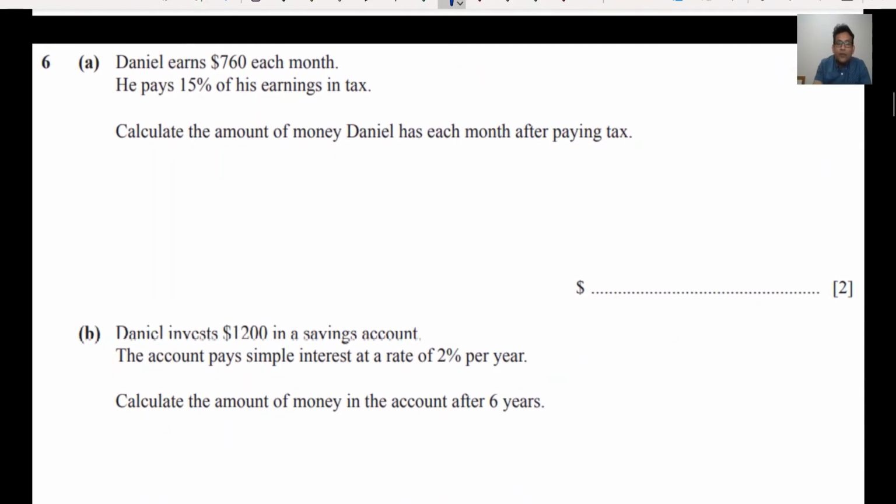Okay, this type of question, percentage in arithmetic, let's see. Daniel earns about $760 each month, and he pays 15% of his earning.